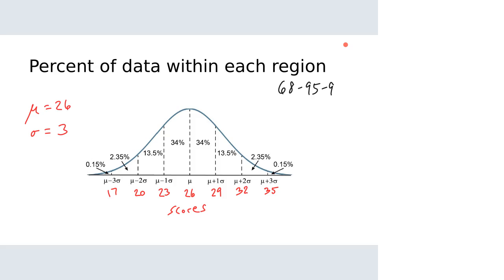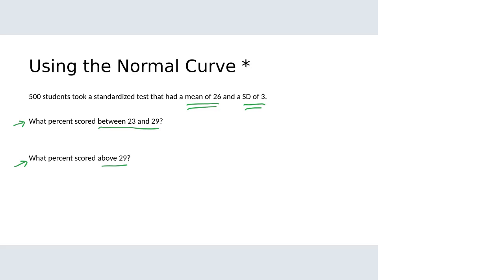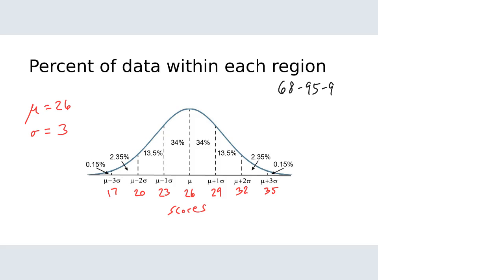The question we were asked in this one was, what percent scored between 23 and 29? We go back and look at our picture and see that between 23 and 29, that's right here.